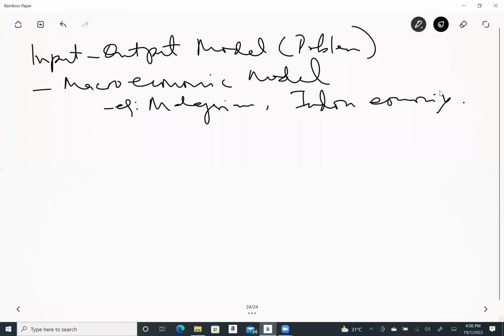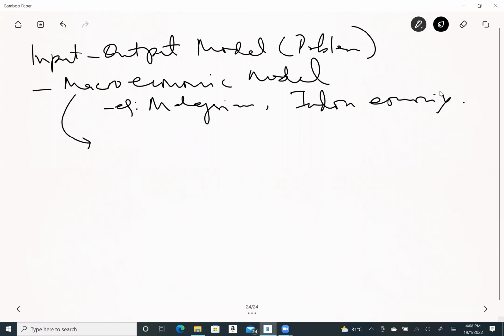It's not microeconomics where you look at the household. Here we look at the general economy as a whole. Now, in the macroeconomic model, there are so many industries, firms, factories, businesses, and so many customers, consumers.